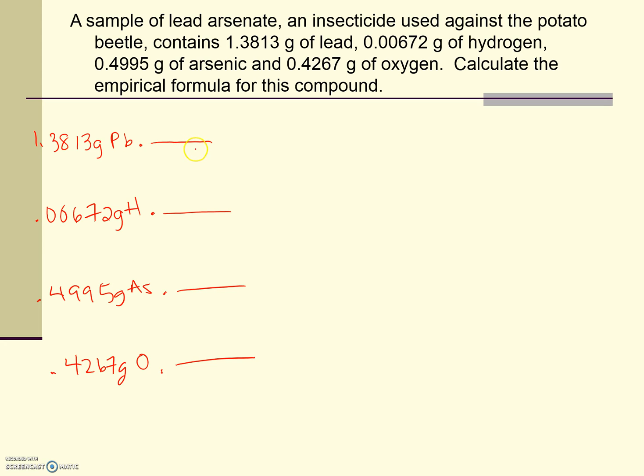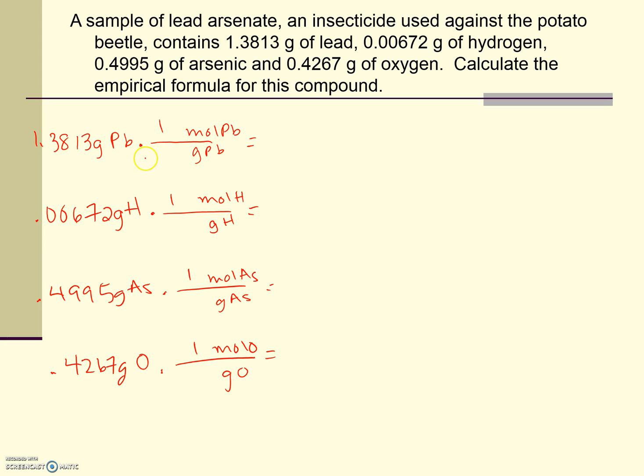So again, I'm going to convert all of these to moles. Grams of Pb, moles of Pb. Grams of H, moles of H. Grams of arsenic, moles of arsenic. Grams of oxygen, moles of oxygen. 1, 1, 1, 1.